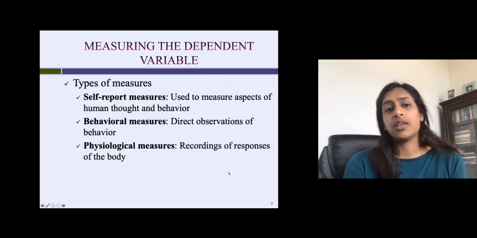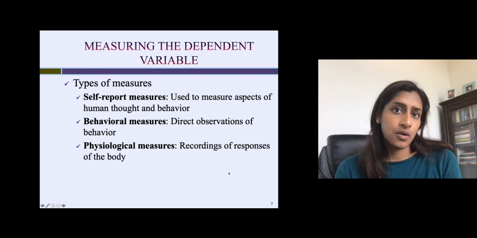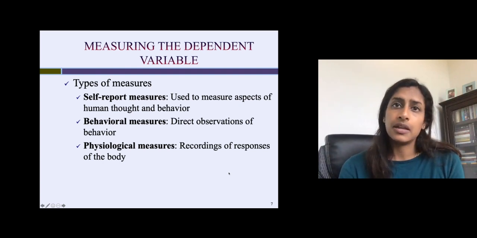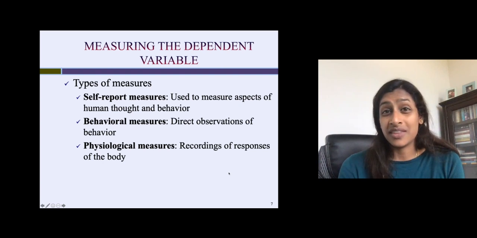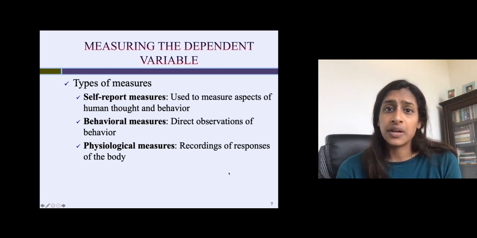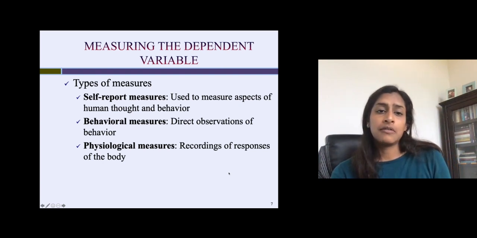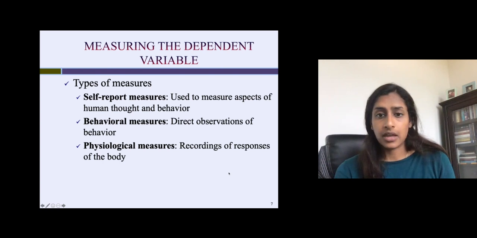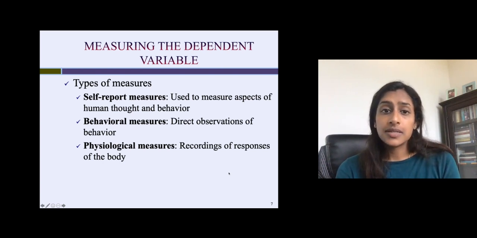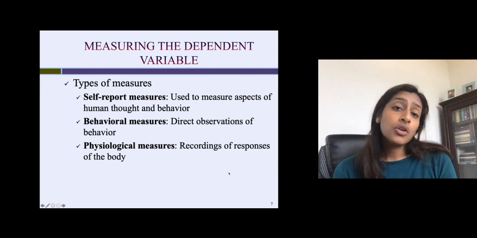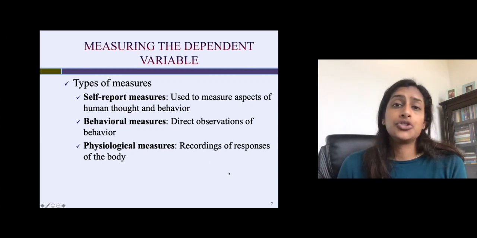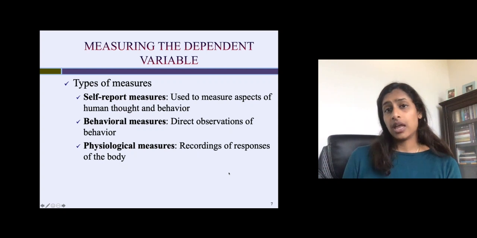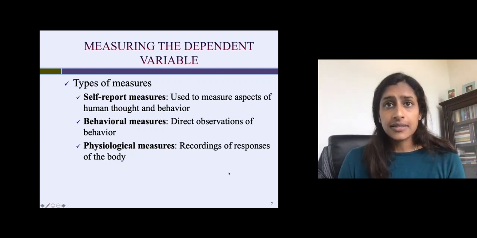We also should think about the types of measures that we'll be using to measure a dependent variable. So we talked about survey research within this, self-report measures. Here we give a survey to our participant and we ask them to fill that out. You could also collect data using a behavioral measure, and this is directly observing a behavior that's taking place.